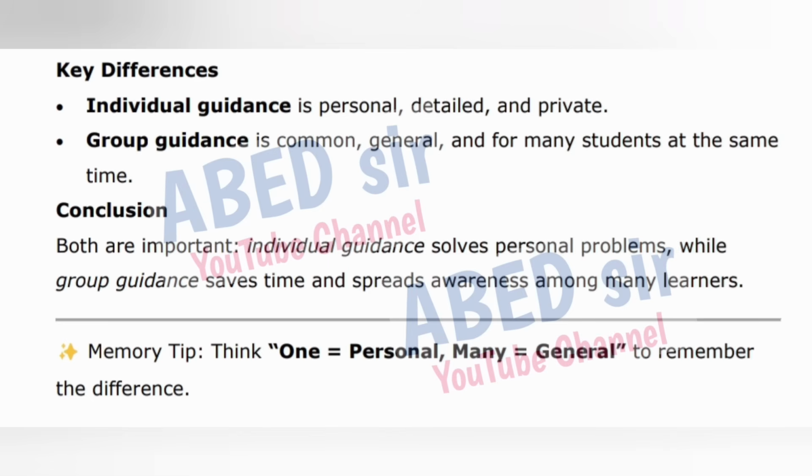Group guidance is common, general, and for many students at the same time. Conclusion. Both are important. Individual guidance solves personal problems, while group guidance saves time and spreads awareness among many learners. Memory tip: think 1 equals personal, many equals general, to remember the difference.